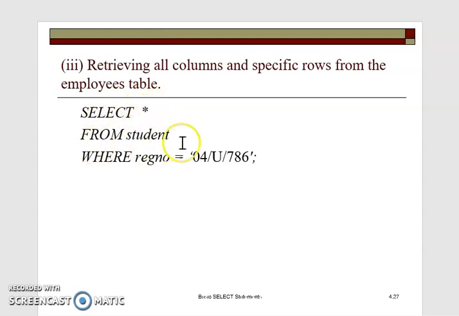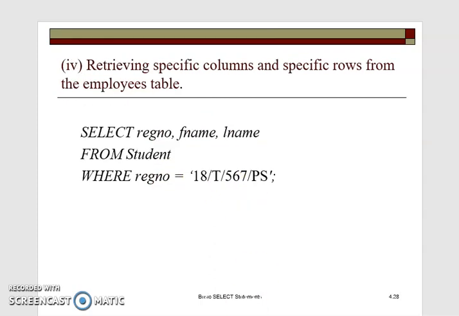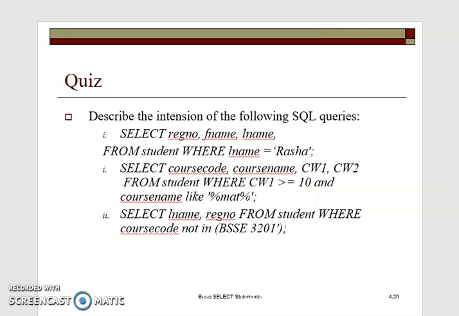So you select all from student where the registration number is this. This will return only one row because the assumption is registration number is a primary key and therefore it cannot have repetitive values. And then also where you're retrieving specific columns and specific rows, now here in your select statement, you define the particular columns that you want to retrieve, and then you tell us from the student, and then you specify the registration number. We are going to see how this also works out.